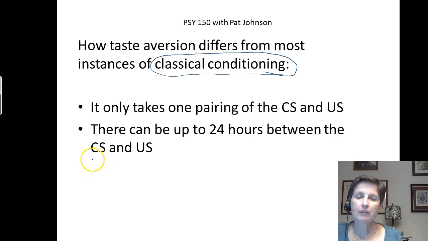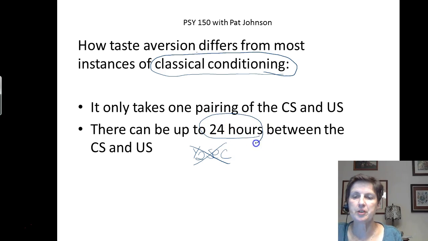If you remember in the Pavlov's dog scenario and other examples of classical conditioning, I said the optimal interval was about half a second. Well, we don't have to have that in taste aversion. In taste aversion, we can have up to 24 hours. In my aversion to chowder, I had about 6 hours between eating the chowder and getting nauseous from the flu.